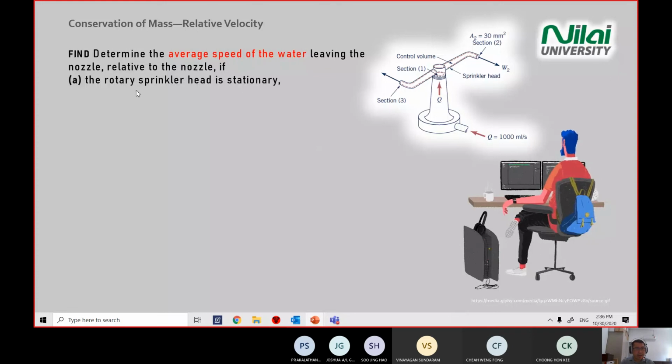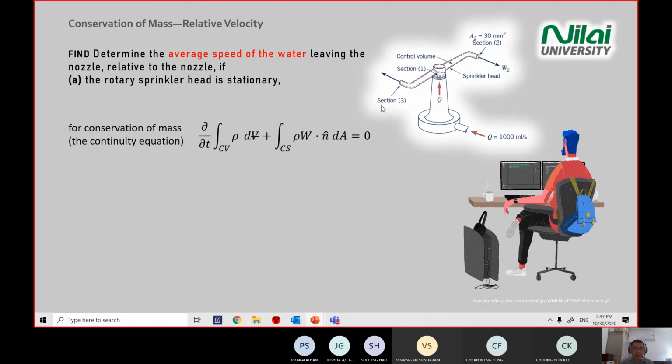Now we look at the first case, when the head is not moving, which means the water just follows the control volume and comes out. We start with the conservation of mass equation. I think we see this equation a lot of the time. It is called the continuity equation, and consists of your control volume and control surface.